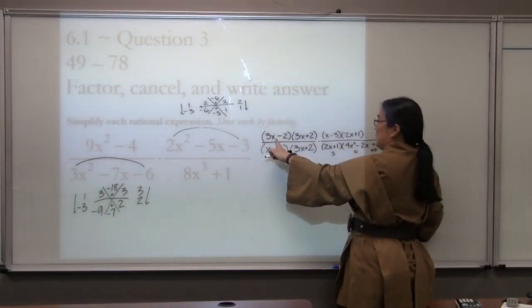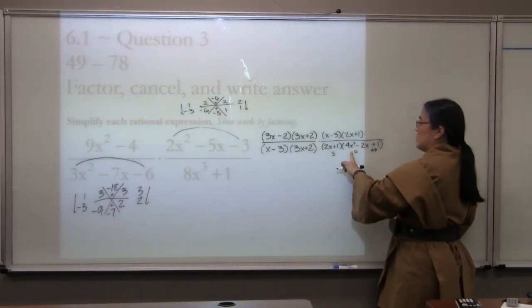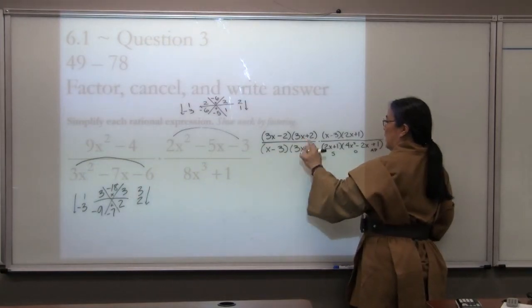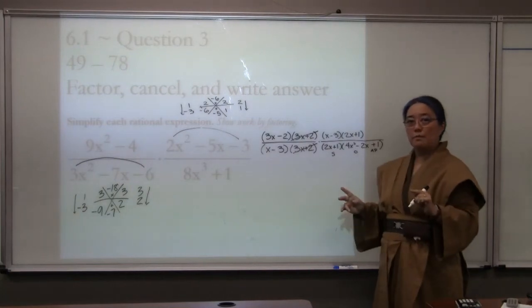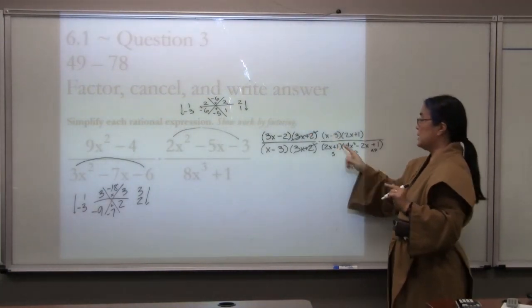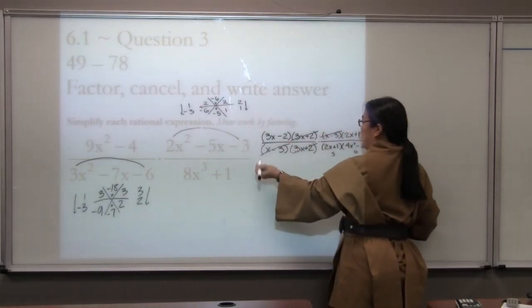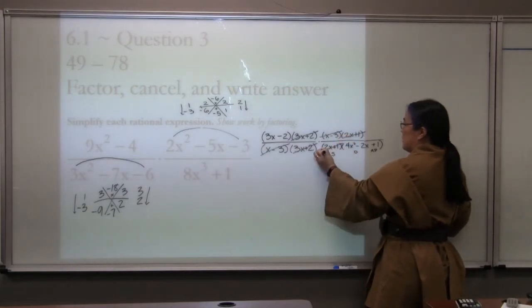I see a 3x minus 2 on the numerator, and I'm going to check the denominator. I don't see another one like that. I see a 3x plus 2 on the numerator, and I find 1 in the denominator. If I were to find 2 in the denominator, I can only cancel out 1 for the top and 1 for the bottom. X minus 3. I see an x minus 3 there. 1 for the top, 1 for the bottom. 2x plus 1, 1 for the top, 1 for the bottom.